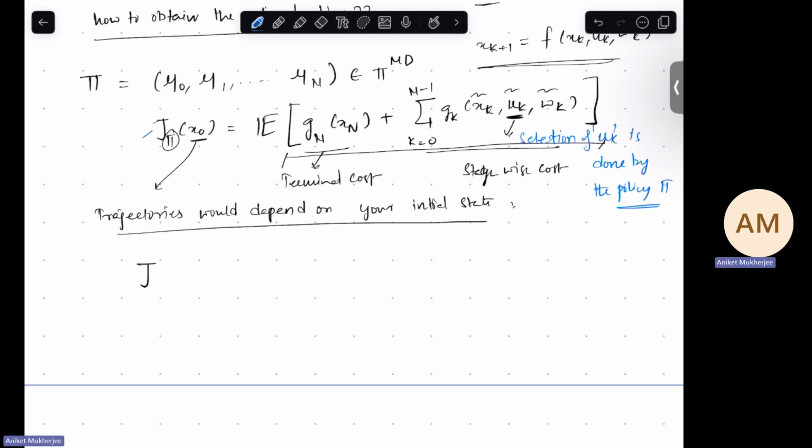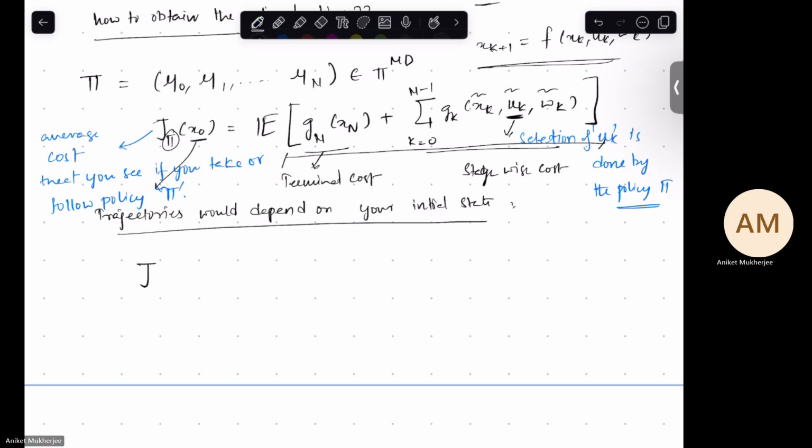So this is your average cost that you see if you follow policy pi, which is some fixed policy. What you want is the optimal policy, which would have an optimal cost.